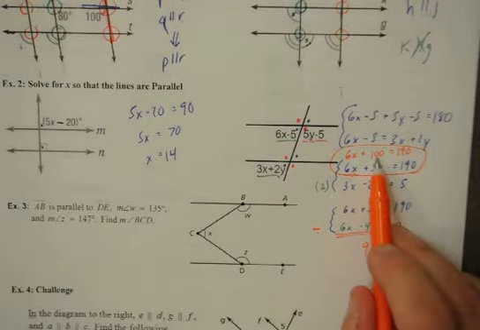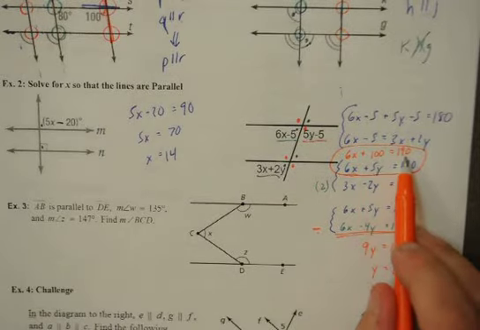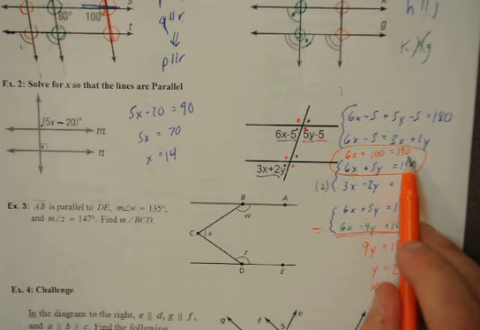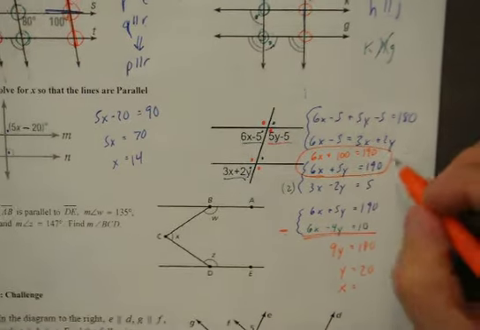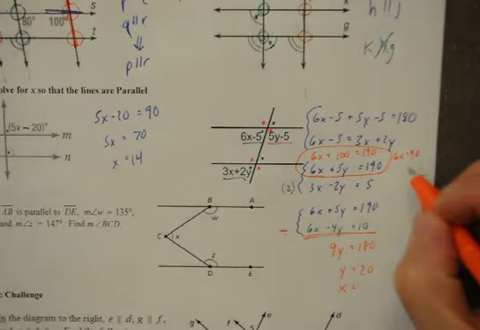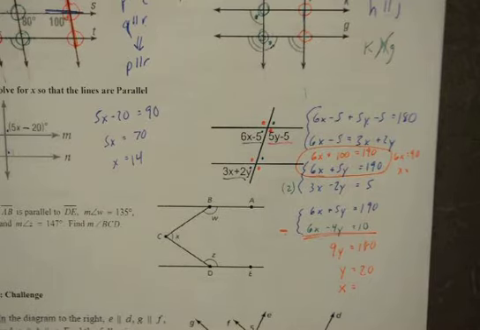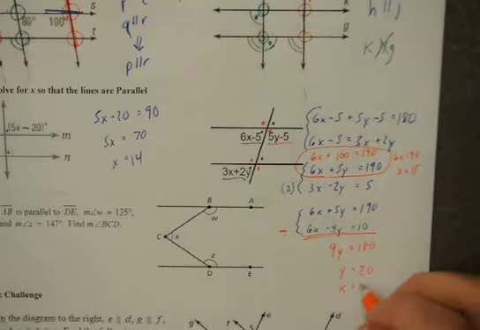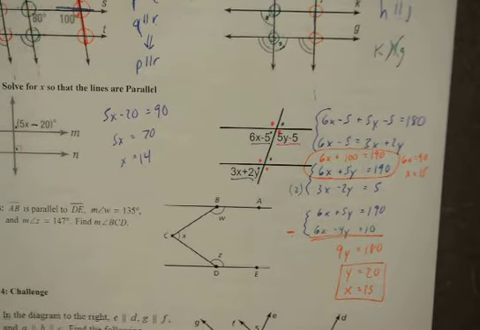Now subtract the 100, and you get 90, so 6x equals 90. And x is going to be 15, I believe. Yeah, 15. There we have it. We've got our system of equations solved.